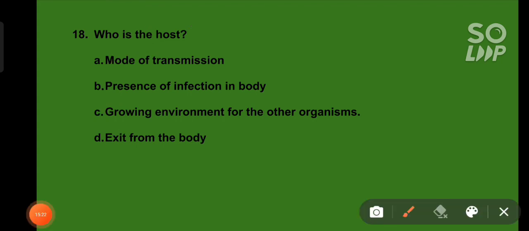The right option is option C. The neutral environment which is suitable for microorganisms is present in a living body. It is known as the host.